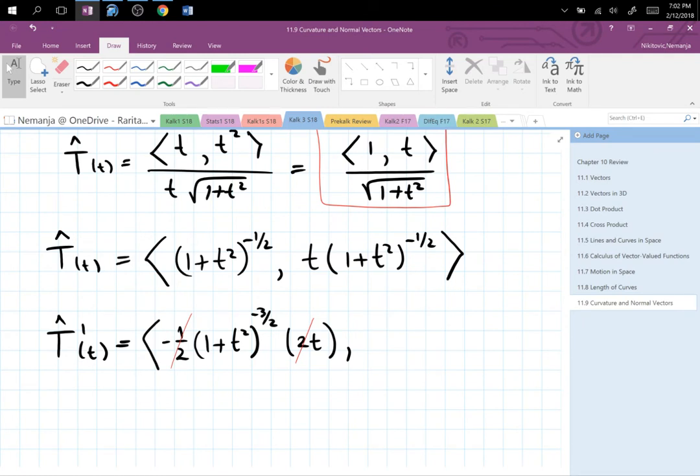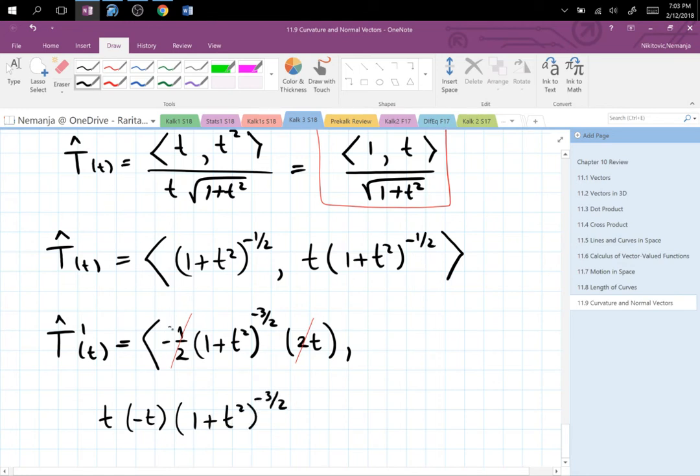No? So now we have the second component, which is the product rule. Copy the first, and the derivative of the second, well, we already have that piece here. So I'm just going to put negative t times 1 plus t squared to the negative 3/2.